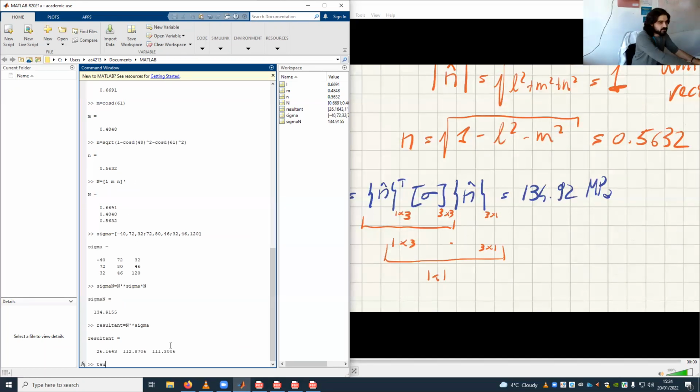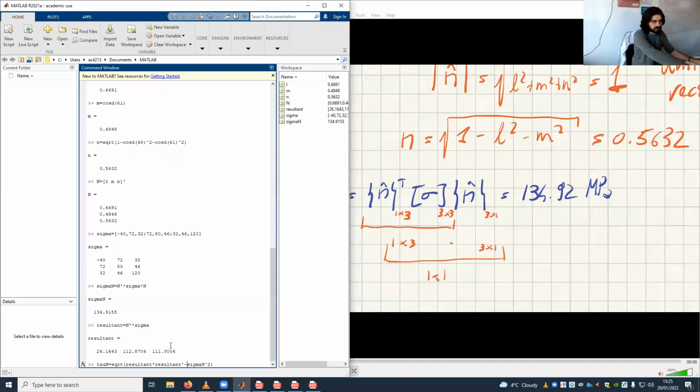And so in order to find tau n, we need to do the square root of the resultant squared, resultant times resultant. So this is row times column, like this, minus sigma n squared. Now, sigma n is a number, so I can just square it like this.